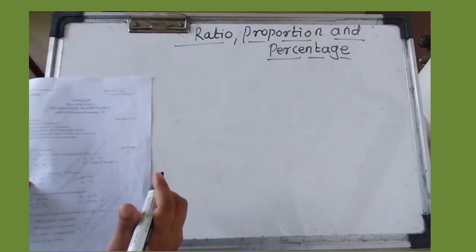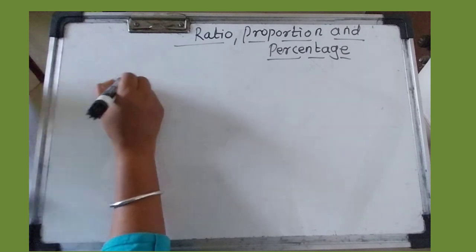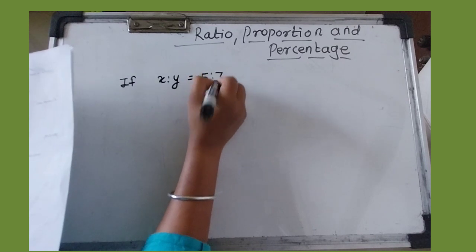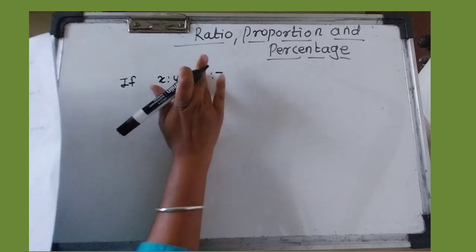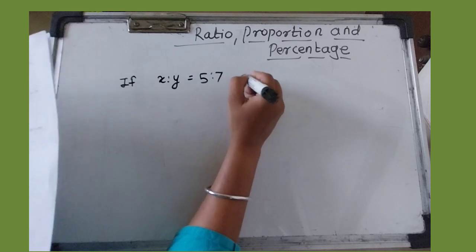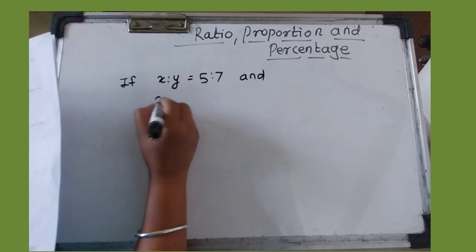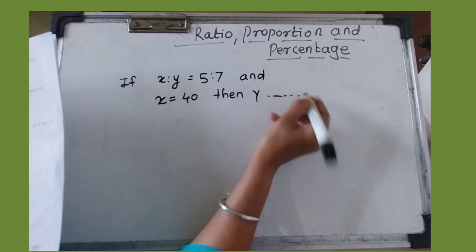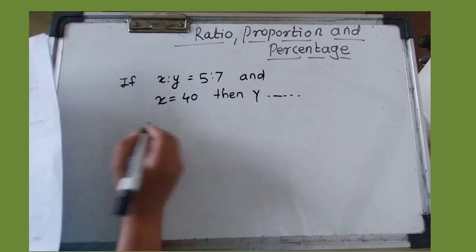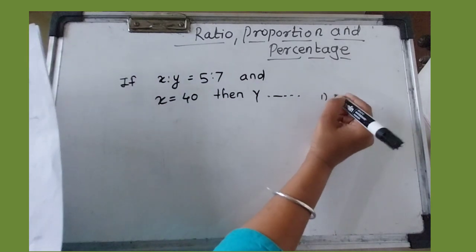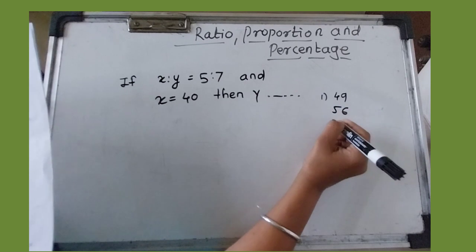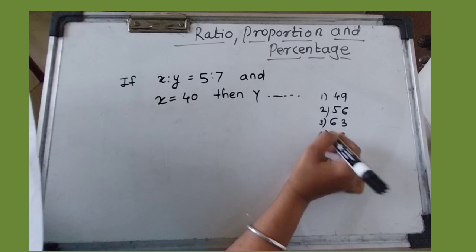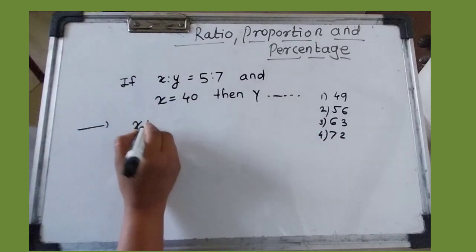In the previous question paper, in the first question they asked: if x is to y equal to 5:7 and x equal to 40, then what is y here? Options are given: 49, 56, 63 and 72. What is given?